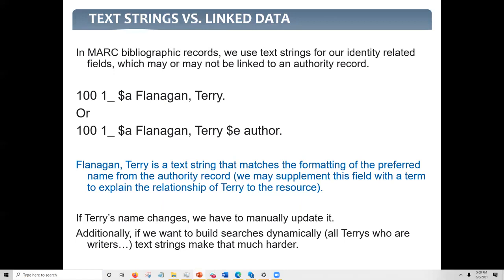Then that needs to be changed. So once the authority record changes, once that preferred form of the name changes, then this data needs to be changed. So if Terry's name changes, we have to manually update it.